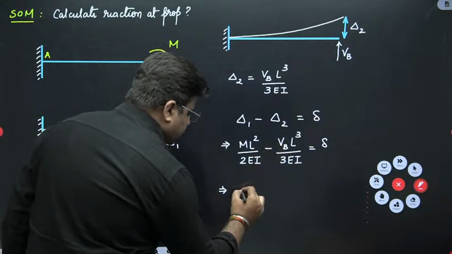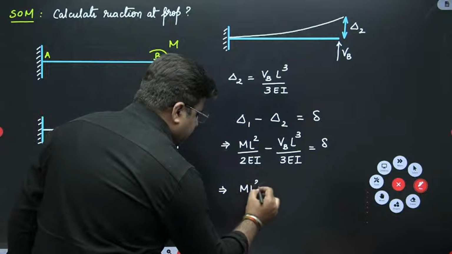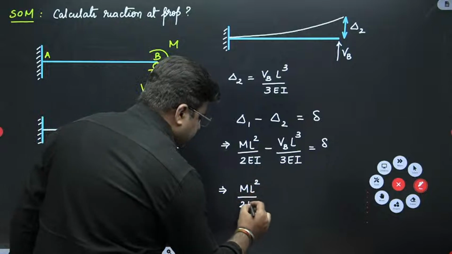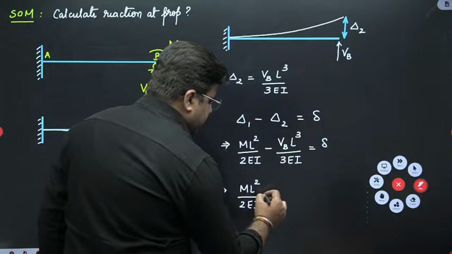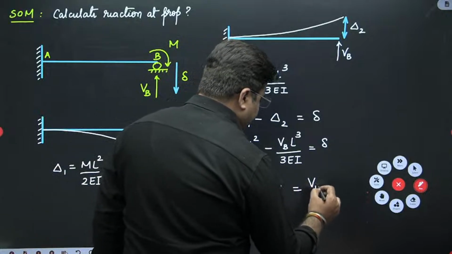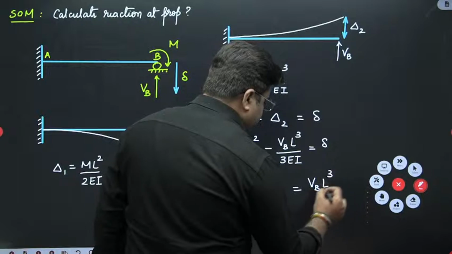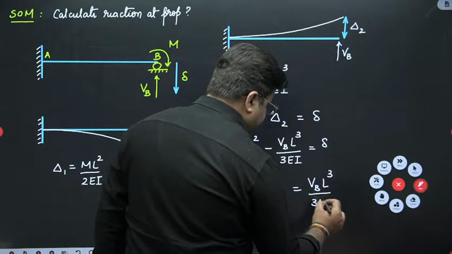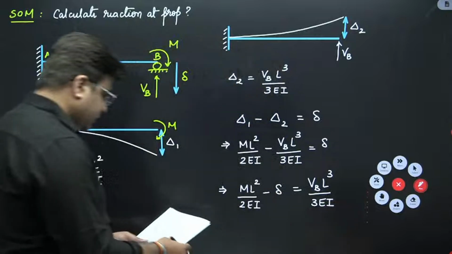So what I will do is, this is ML square upon 2 EI minus delta is equal to VB L cube upon 3 EI. Please calculate this.